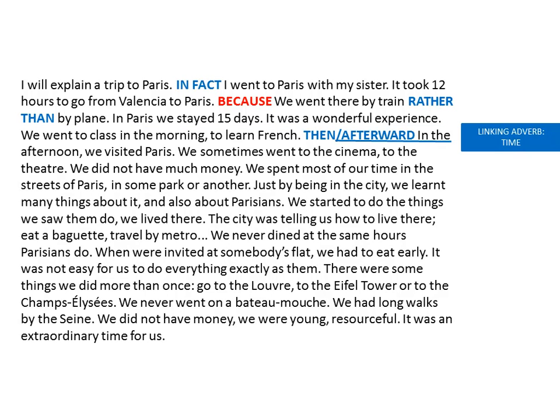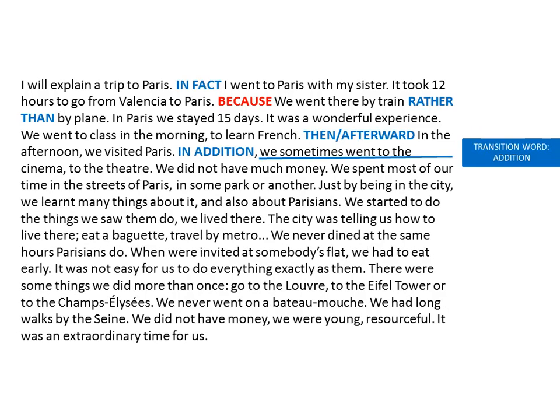Next, we will introduce a time link by means of an adverb. So in Paris we stayed 15 days. It was a wonderful experience. We went to class in the morning to learn French, and then afterwards, in the afternoon, we visited Paris.